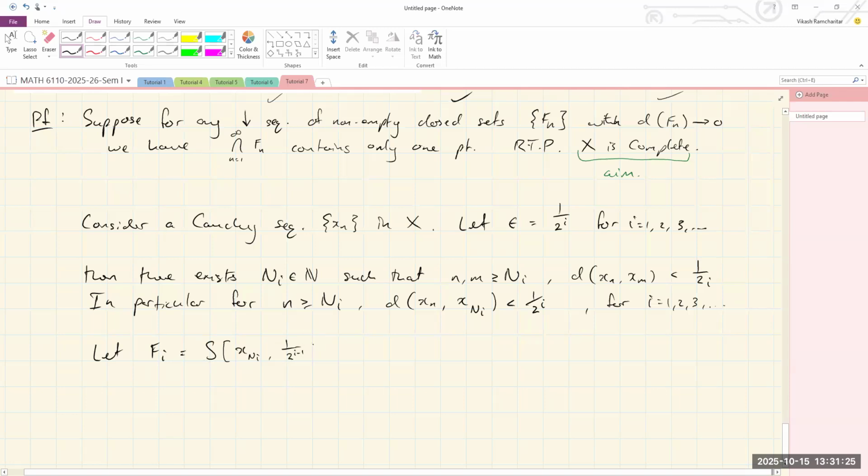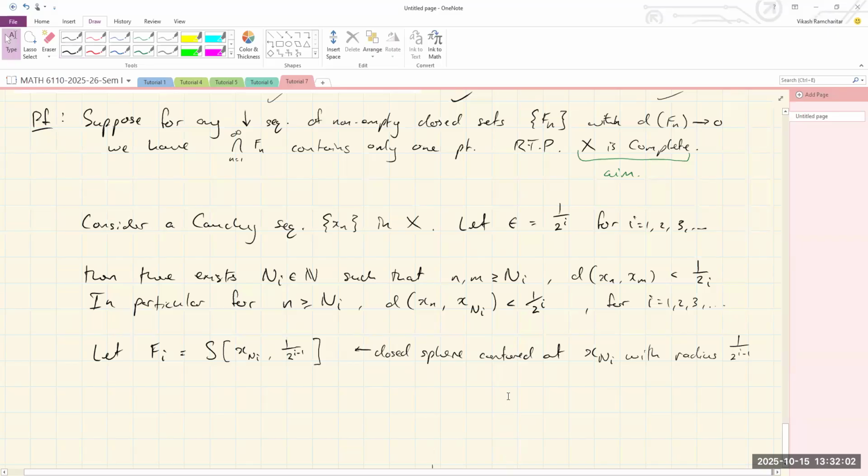You'll see why in a bit. So this is a closed sphere centered at x_Ni with radius 1 over 2^(i-1).